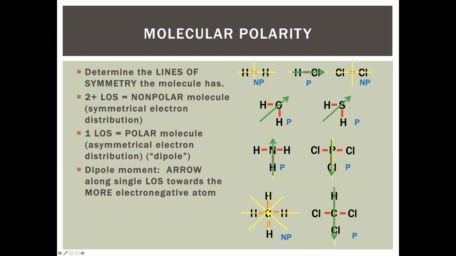You can also put a little hash mark at the end to make the end look like a little plus sign. Because on the other end, the end the arrow is pointing towards, the more electronegative side is partially negative, and the less electronegative side is partially positive.